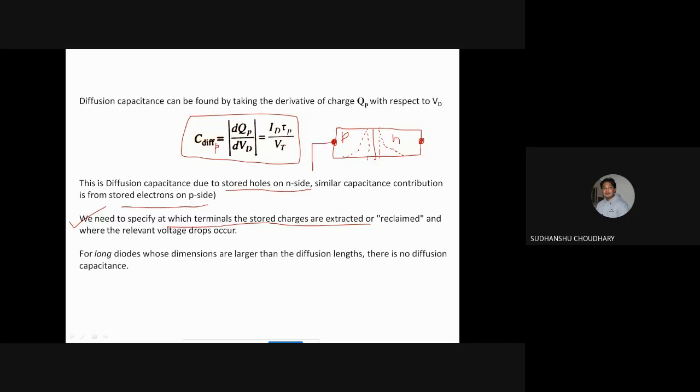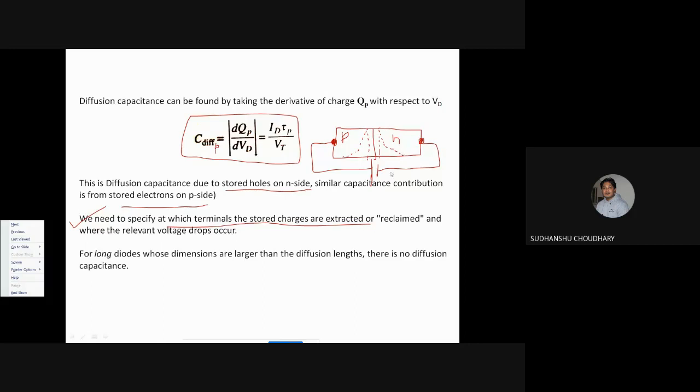If these charges are collected at these leads, then only there will be some diffusion capacitance.